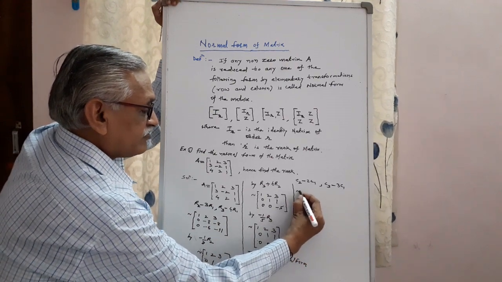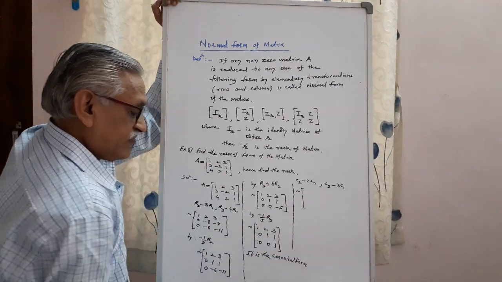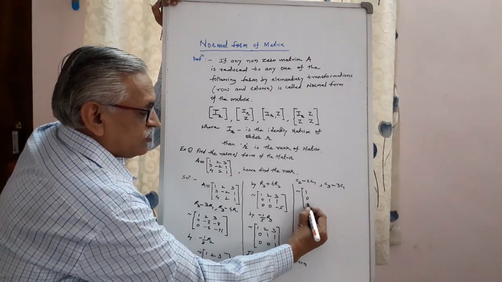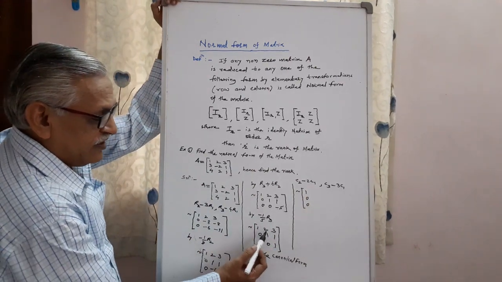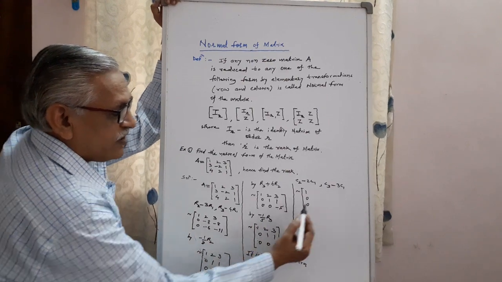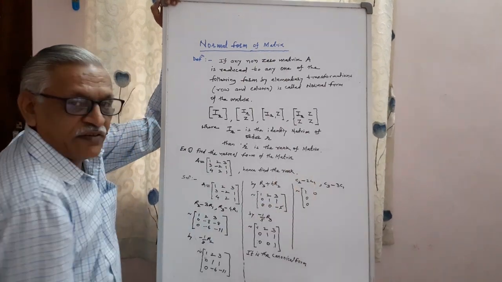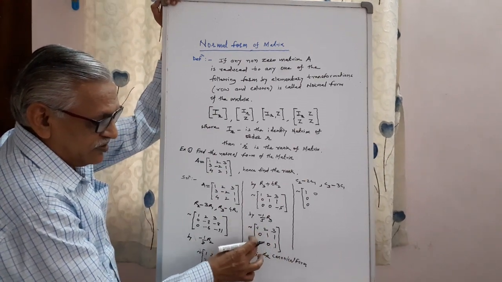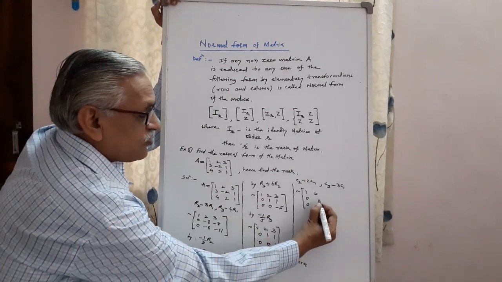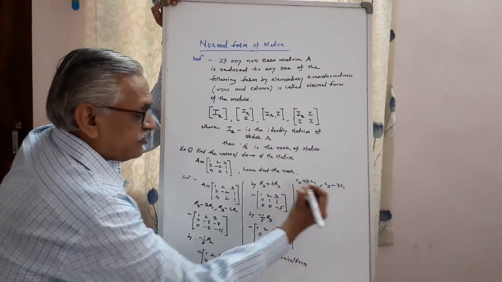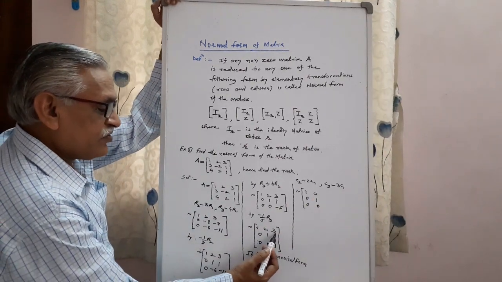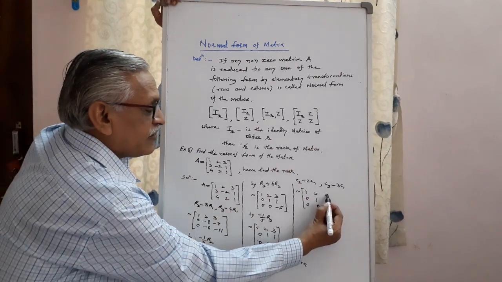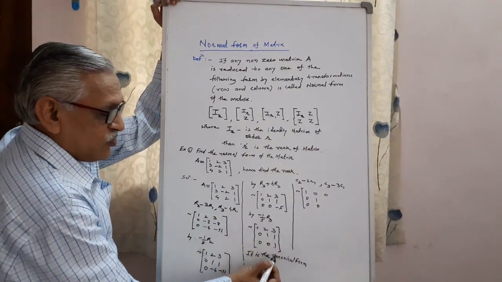We write column-wise. First column no change, 1 0 0. Second: 2 minus 2 times 1, that's 2 minus 2, we get 0 here. The remaining two elements are zeros, therefore 1 0 as it is. Then for the third: 3 minus 3 times 1, 3 minus 3 is 0, this 2 as it is.